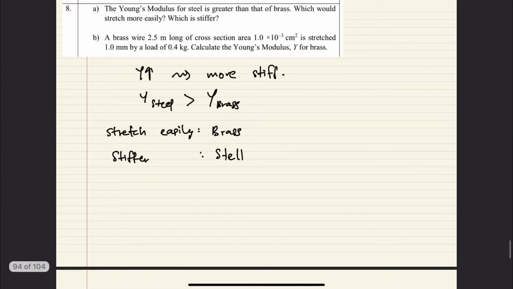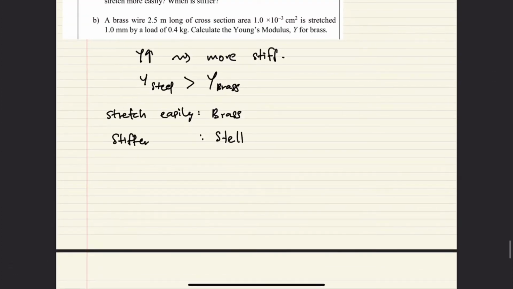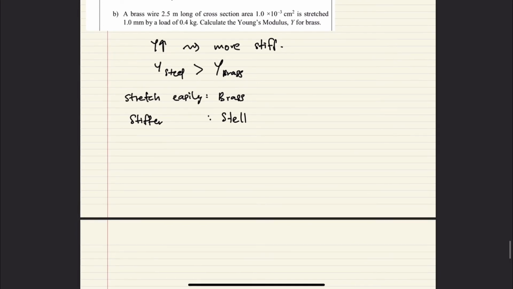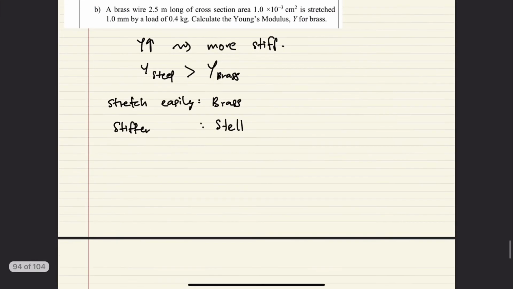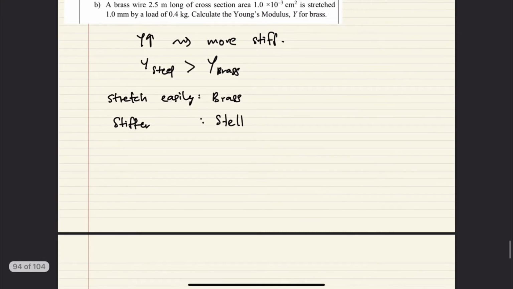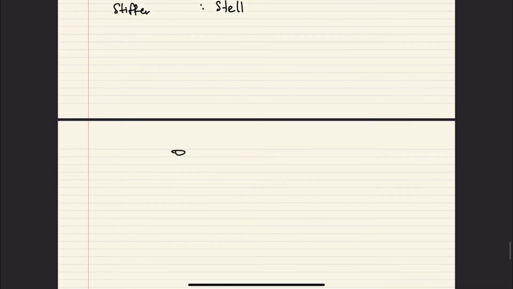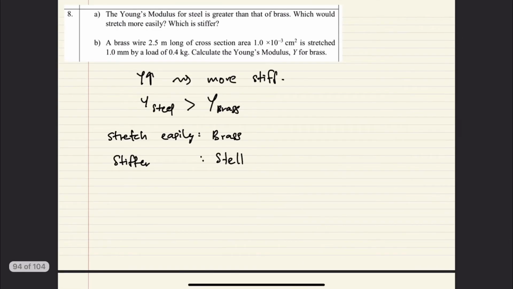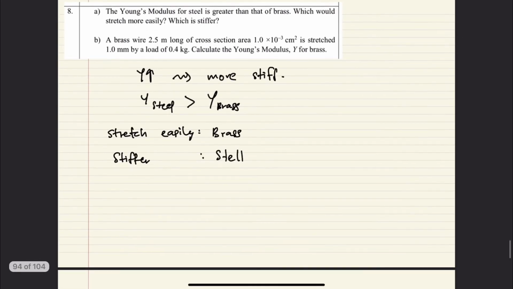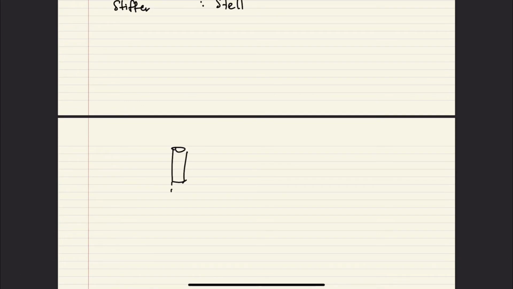8B, a brass wire 2.5 meter long with a cross section and 1 times its stretch. Okay, calculate the Young modulus. Okay, always try to draw it first. So this one is a wire, so draw it like this. And then stretch 1 mm, so elongated over here.